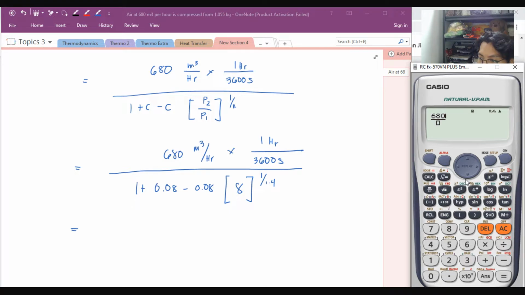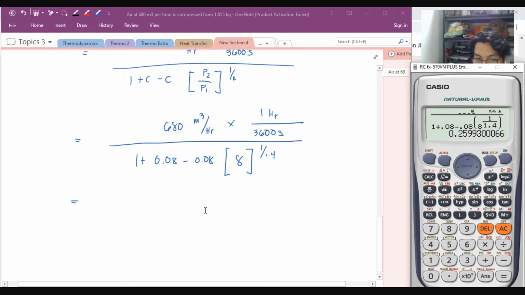I'll just divide below by 3,600. And then, 1 plus 0.08 minus 0.08, multiplied by 8 raised to 1 over 1.4. So, the answer will be, that is the volume displaced in every second.